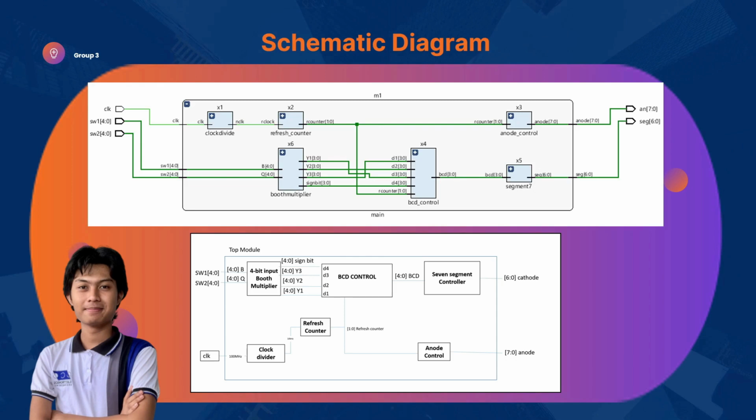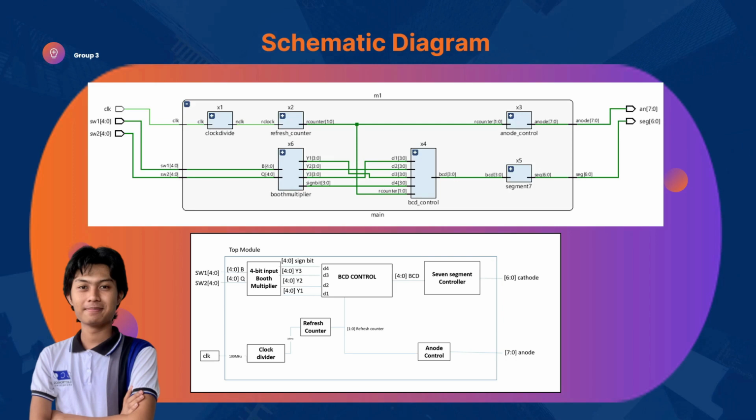The 4-bit input booth multiplier has outputs of a sign bit, Y3, Y2, and Y1, which are derived from the hex to BCD module. These outputs are the input of the BCD control to have binary coded decimals to be displayed and to pass a corresponding digit to a 7-segment display.